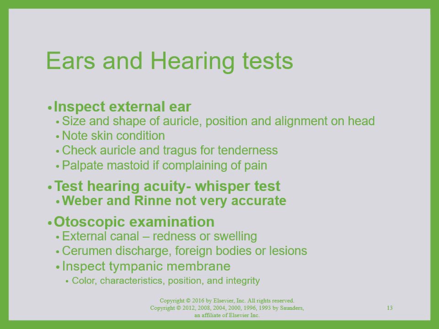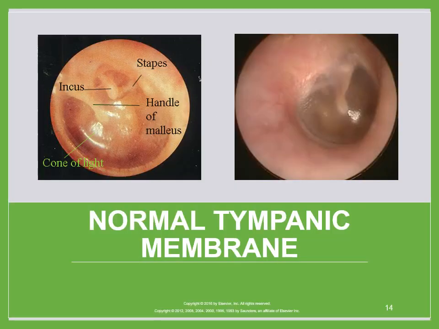So here's a picture of the normal tympanic membrane. Again, it's pearly gray, concave. You can see the structures behind it. And it has this nice little cone of light where the light from your otoscope is reflected.